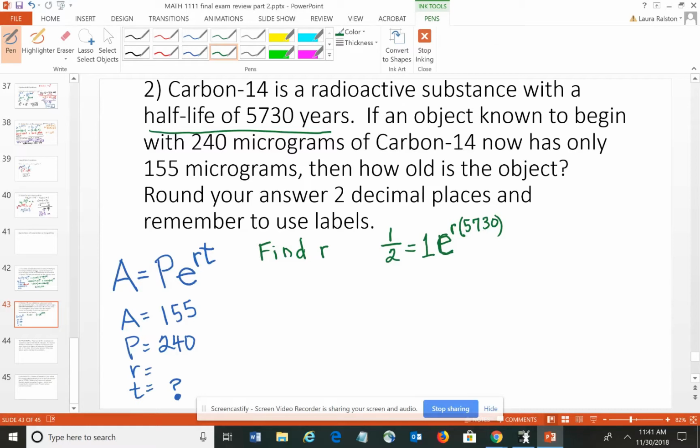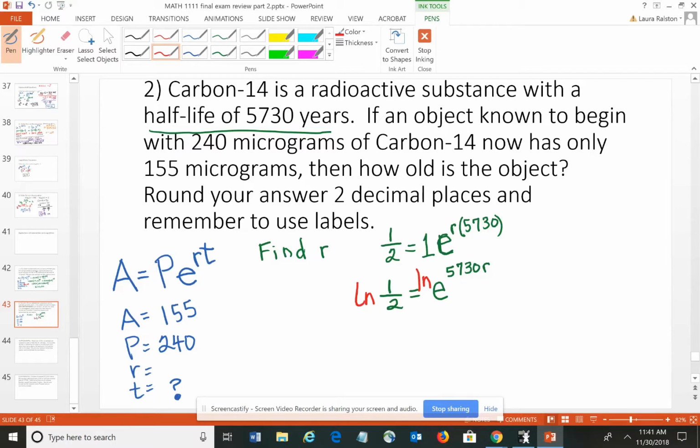So if I divide both sides by 1, I have 1/2 equals e to the 5,730r. Then I need to take the natural log of both sides, and this is going to be kind of a really big number.